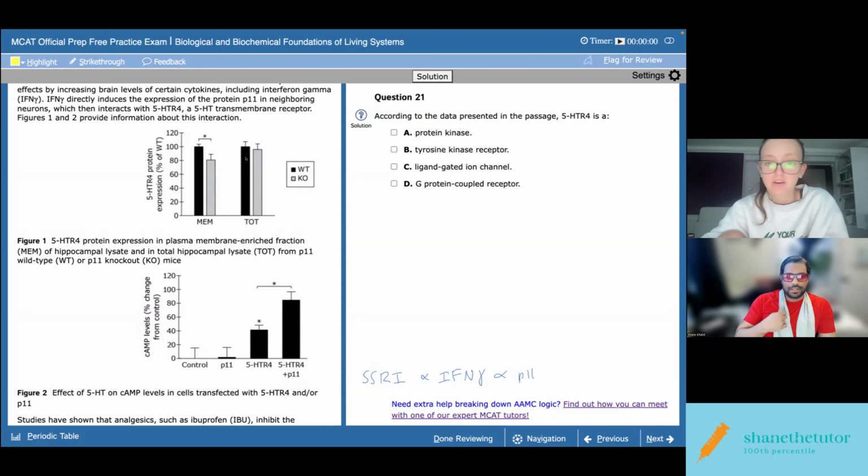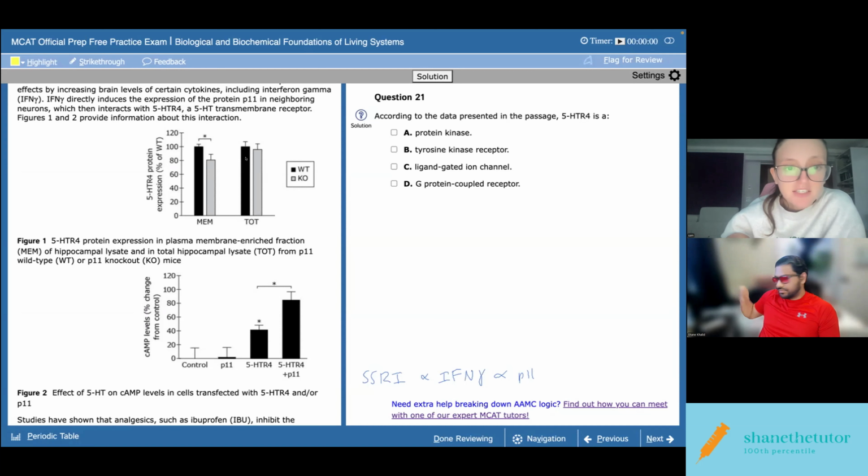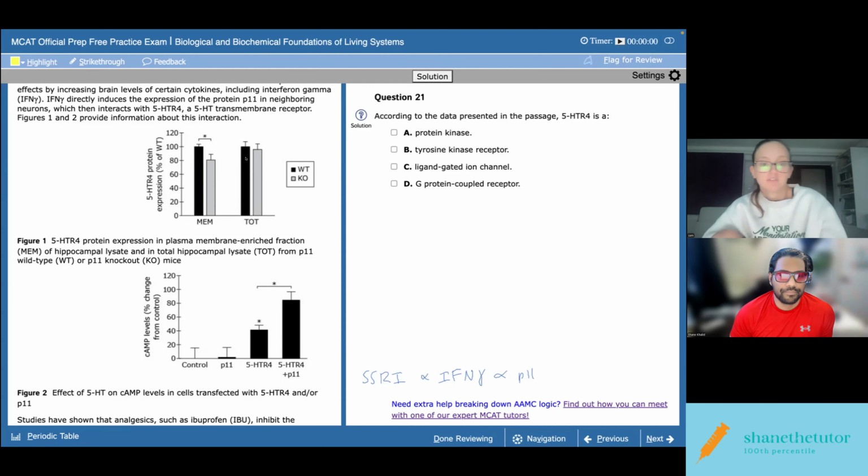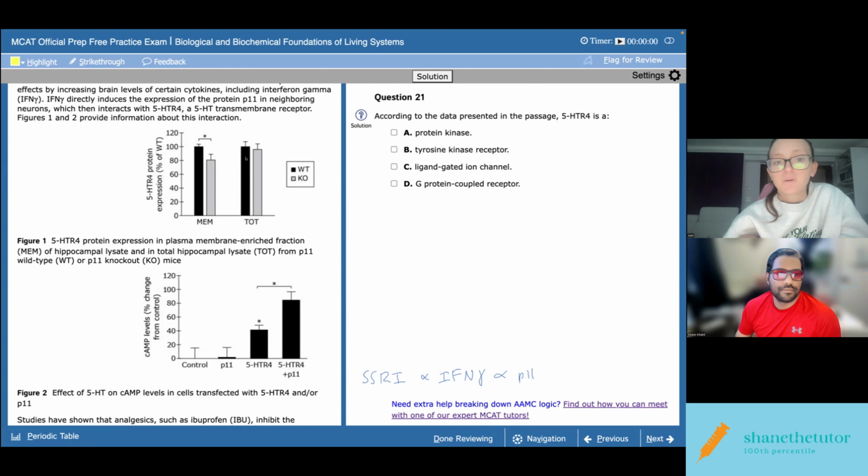So there's no change in the total, and for the membrane enriched fraction, the knockouts are like 20% lower. That's really the only difference I can notice, that maybe there's a negative correlation between knockout and MEM.